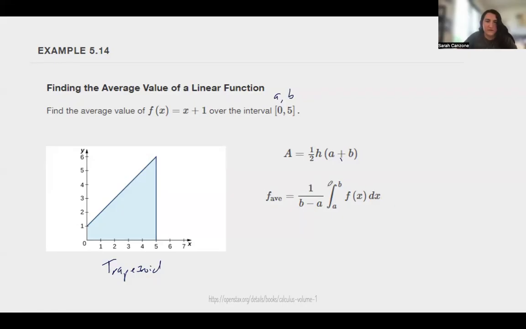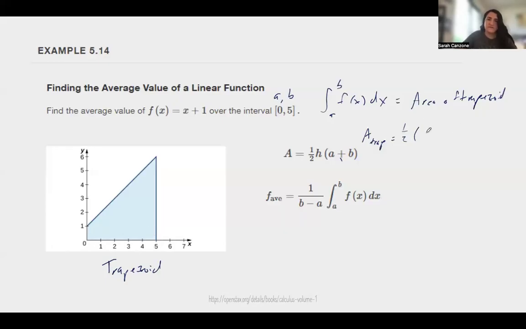And we want to find the average value. Well, we know that the integral from a to b of f of x dx is equal to the area of your trapezoid. So first, let's compute this value, and then we could multiply by this value to find your average value. So area of trapezoid equals 1/2. Your height is again going to be your x value. It's going to be your x width.